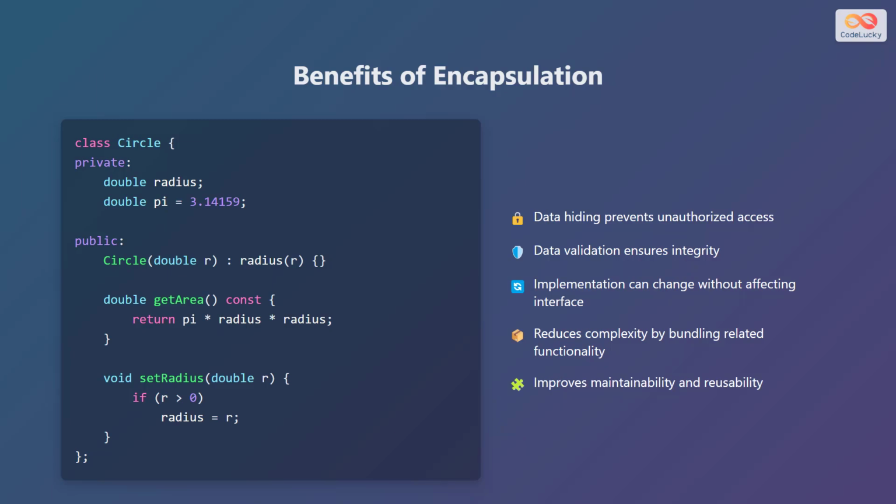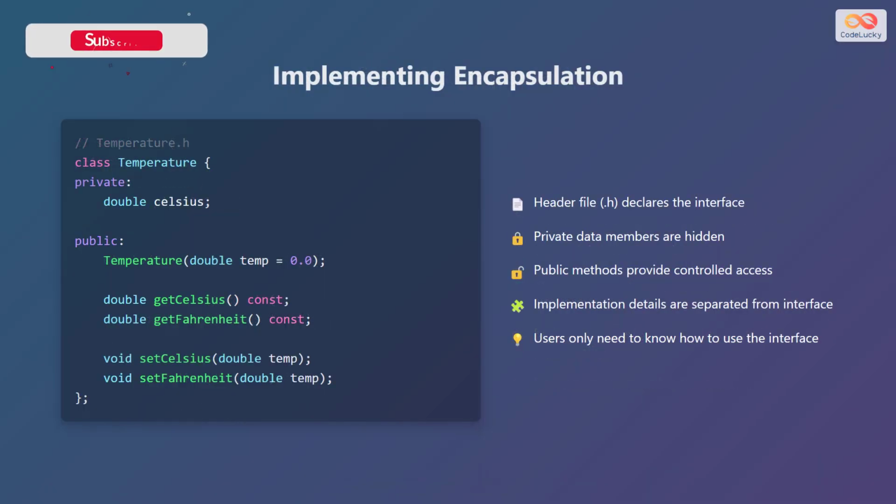Have a look at the code snippet given. It provides controlled access and modification to the radius of a circle class. To implement encapsulation effectively, it's common to separate the class declaration from its implementation. The header file with the .h extension declares the interface of the class, including the data members and method signatures.